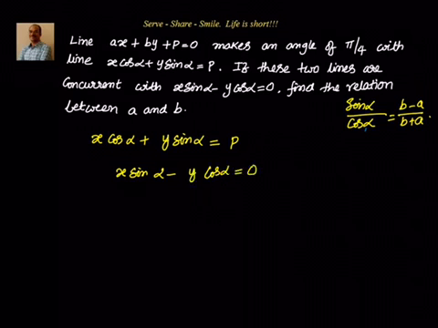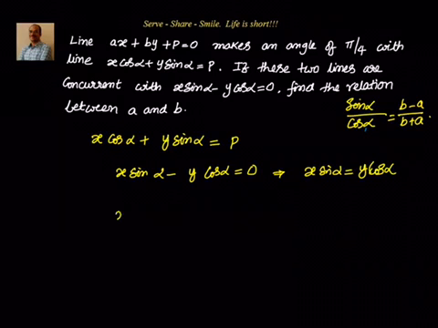Now if you substitute x sin alpha equal to y cos alpha, let's try to solve this. What we will do is we'll try to put the y value. From this I know x sin alpha is equal to y cos alpha.